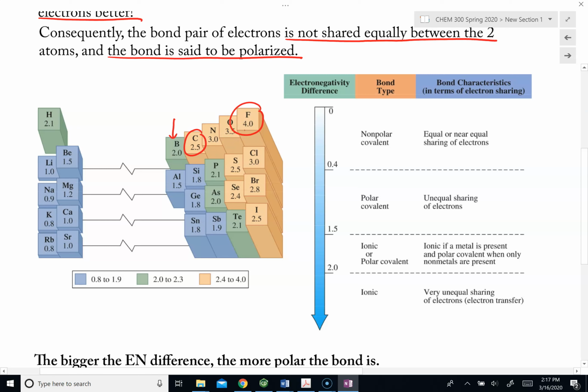If we now look at Be, which is 1.5, and lithium at 1.0, we see that as we go from left to right on the periodic table, the electronegativity values of the elements increase by 0.5. So it's quite easy to remember.